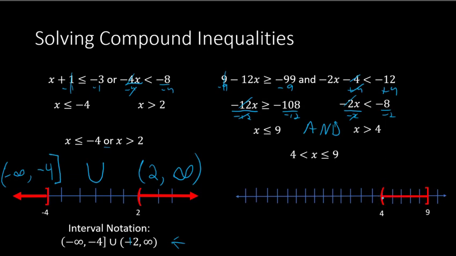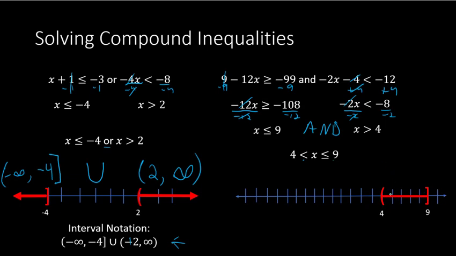And then right at 4, we're going to use a parentheses because it has a less than symbol. So there's no equal sign with it. So it's not going to reach 4, but it's going to get close to it. So we put a parentheses there for that. And then the 9 is going to reach the number 9 because it's got the equal sign with the symbol. And so we put a bracket here at 9. So that would be your graph.